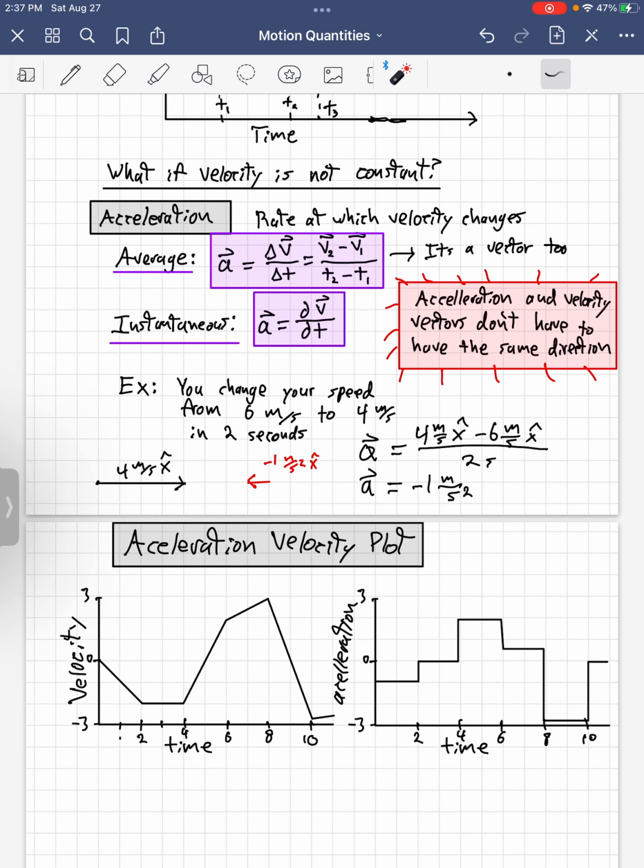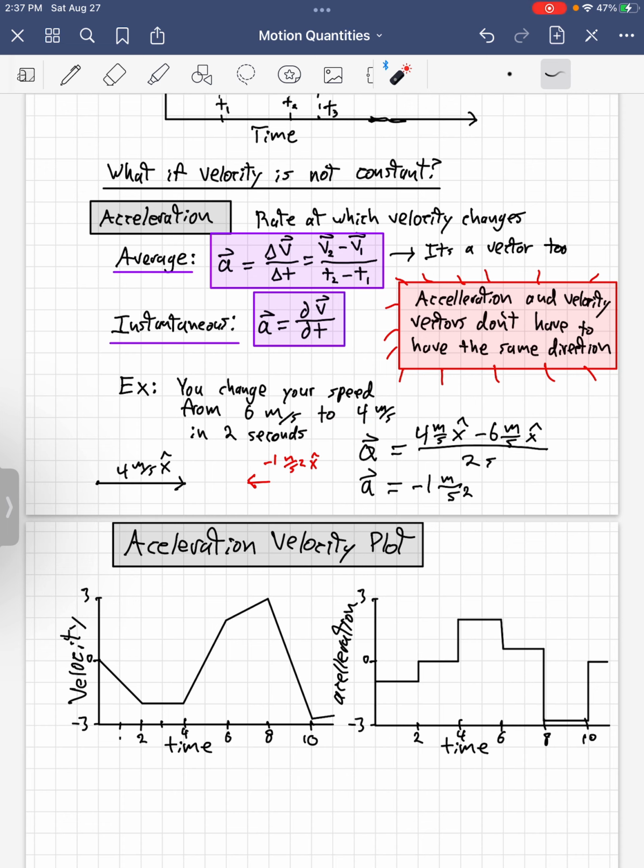All right, so one super important point I wanted to make is that the acceleration vector and the velocity vector don't have to point in the same direction. So what does that mean? Let's say you're running at a speed of 6 meters per second, and over 2 seconds you slow down to 4 meters per second.